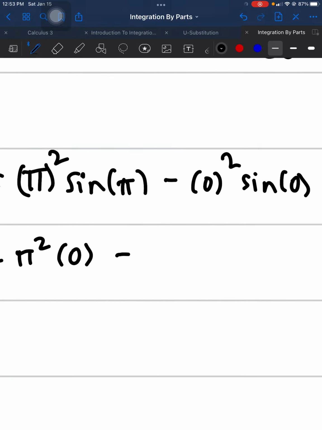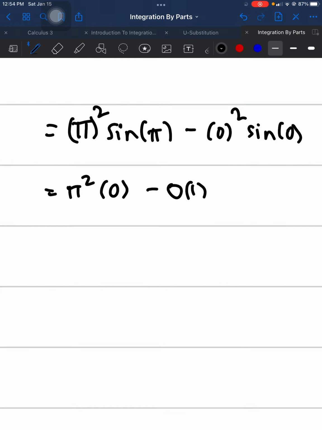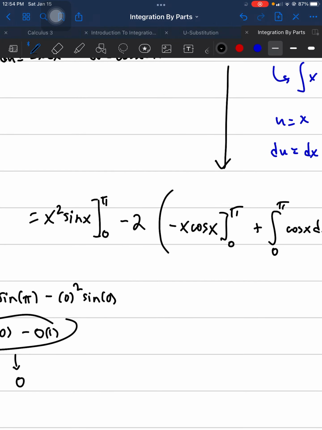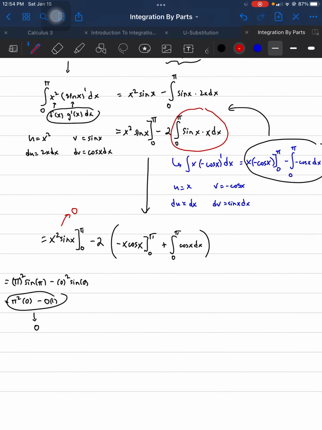So sine of pi is 0 minus, so 0 squared is 0. Sine of 0 is just 0, based off the unit circle again. So this whole expression is just equal to 0.